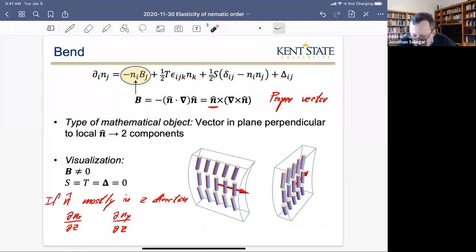It has some energy cost. And the energy cost for this kind of variation is the same as the energy cost for that kind of variation, because there's a symmetry between them. The director could be going like this or like that. And those two things cost the same amount of free energy because you can get from one to the other by just rotating about the n axis.